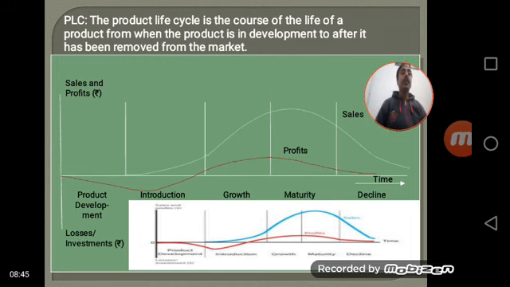From the growth stage, every company will start earning profit. After recovering the cost, there will be a break-even point. So the break-even point will come in the third stage, that is the growth stage, and from the growth stage your company starts earning. Clear?